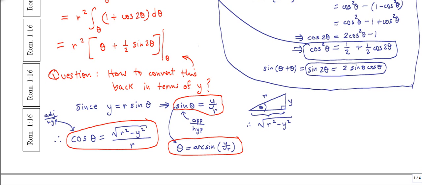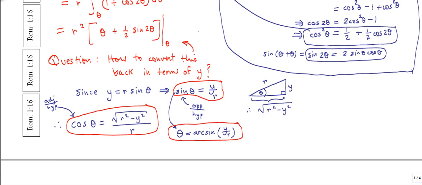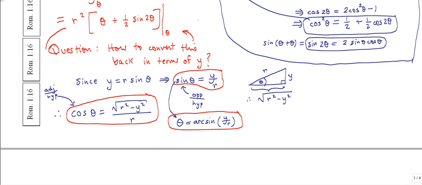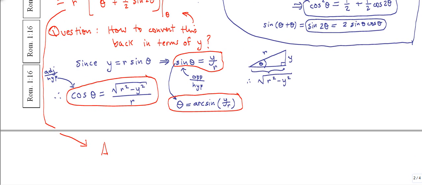And now it's a matter of finishing up this conversion. So I'm going to do that over here. Of course, all of this was with respect to the area of that portion above the chord, which we are denoting as A sub c, and it is equal to r squared times theta plus a half of sine of 2 theta, all of this with respect to theta.